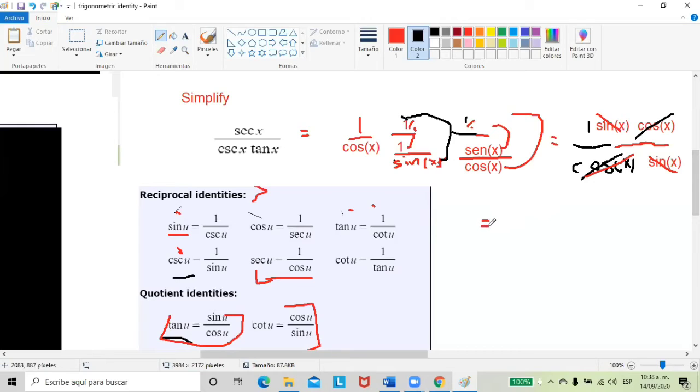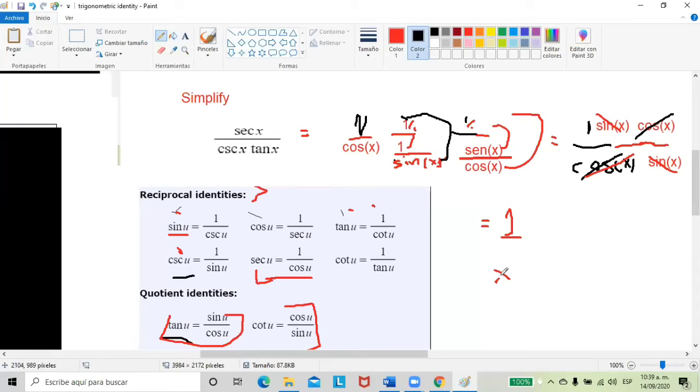What do we have, 1 or 0? Not 0, because you have a 1 here. That's why I didn't write the identities only like this. So this is equal to the unit. The unit is 1. So the answer here is 1.